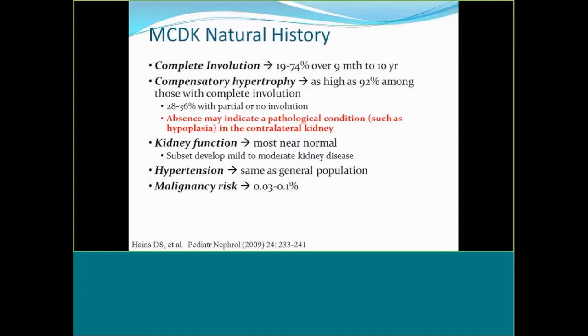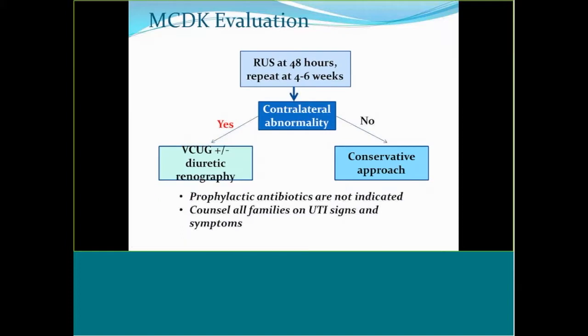And like I said, most of them will just involute. There's no reason to remove them. And often in adults who are being evaluated for other reasons and they're told that they only have one kidney, it's thought that many of them may have started with multicystic dysplastic kidney that just involuted over time, and they're only just being found out later on.